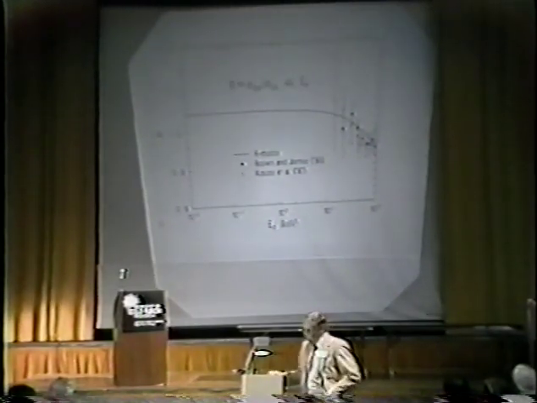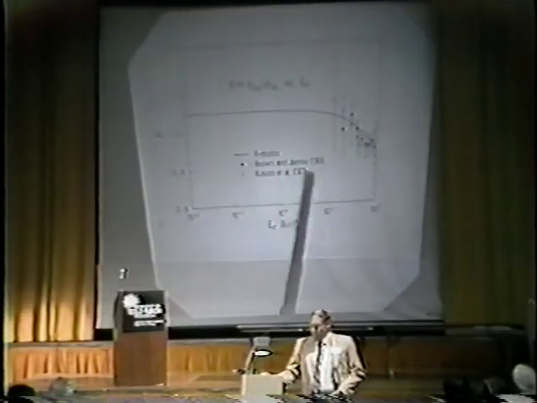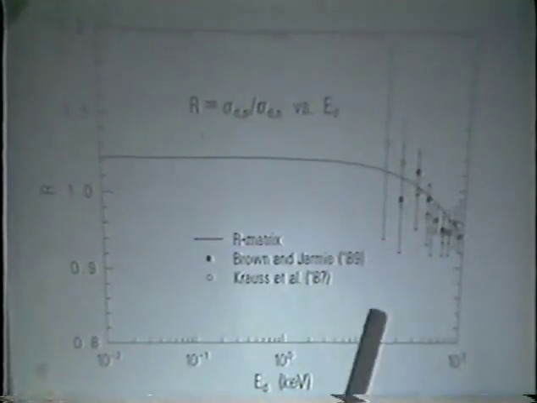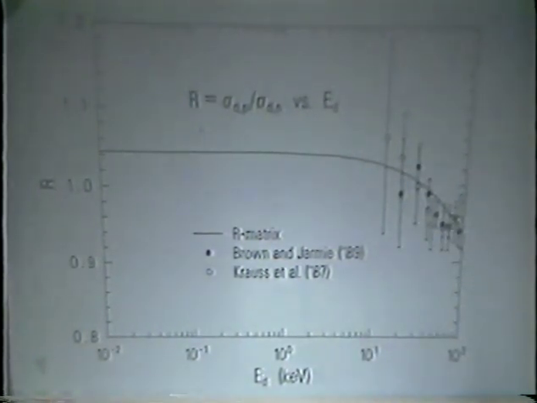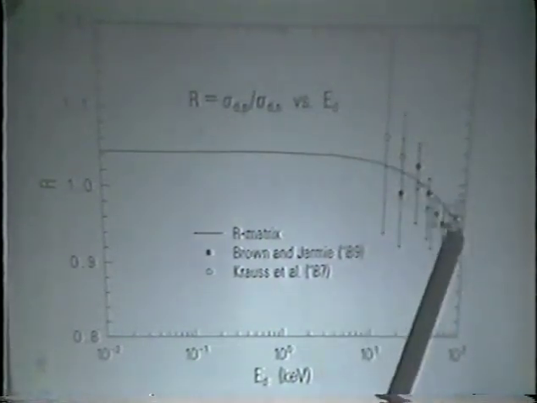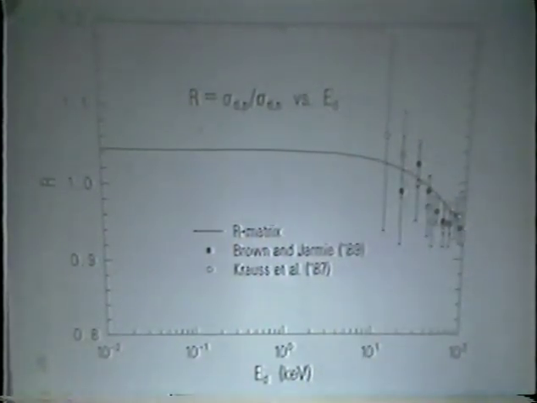These are some of the most recent measurements. One measurement that was just finished up this year at Los Alamos, and then an earlier measurement that was done in Germany. And you can see that although the error bars are rather large and there is some scatter, the trend of the data certainly suggests the sort of behavior that we have for our curve in this region where the measurements have been made.